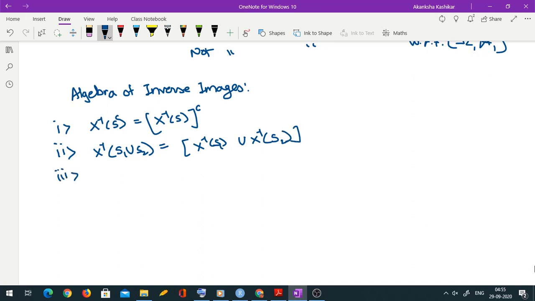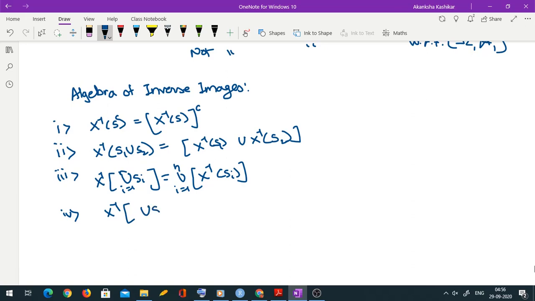Similarly, if you have finitely many sets or countably many sets, this is for 2, this is true of course for finitely many. So X inverse of union Si, i going from 1 to n, is the same as union X inverse of Si, i going from 1 to n. Of course, the result holds for countable also.